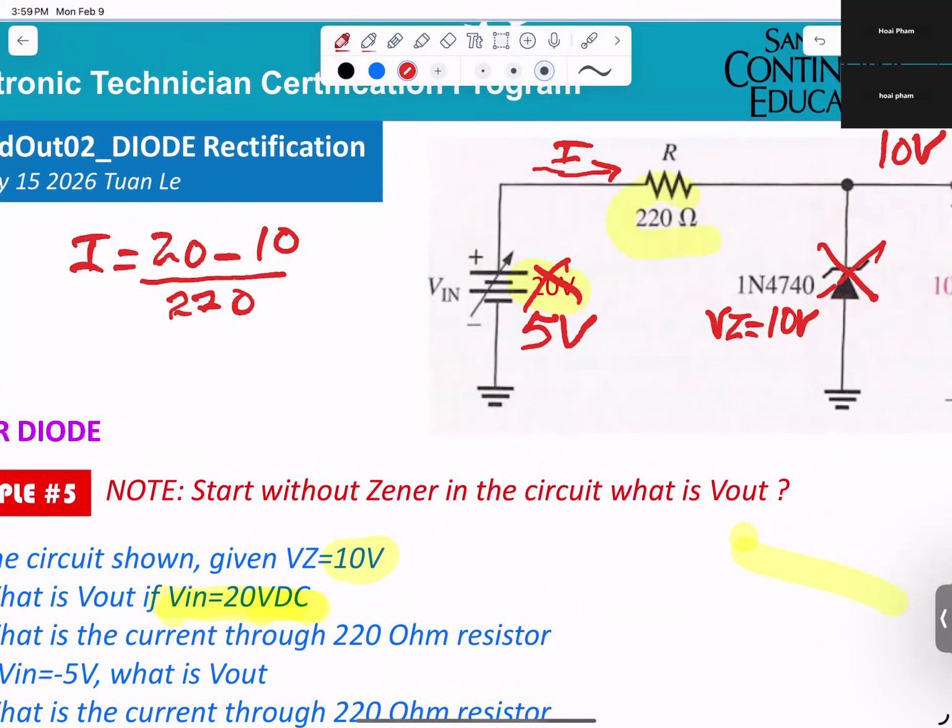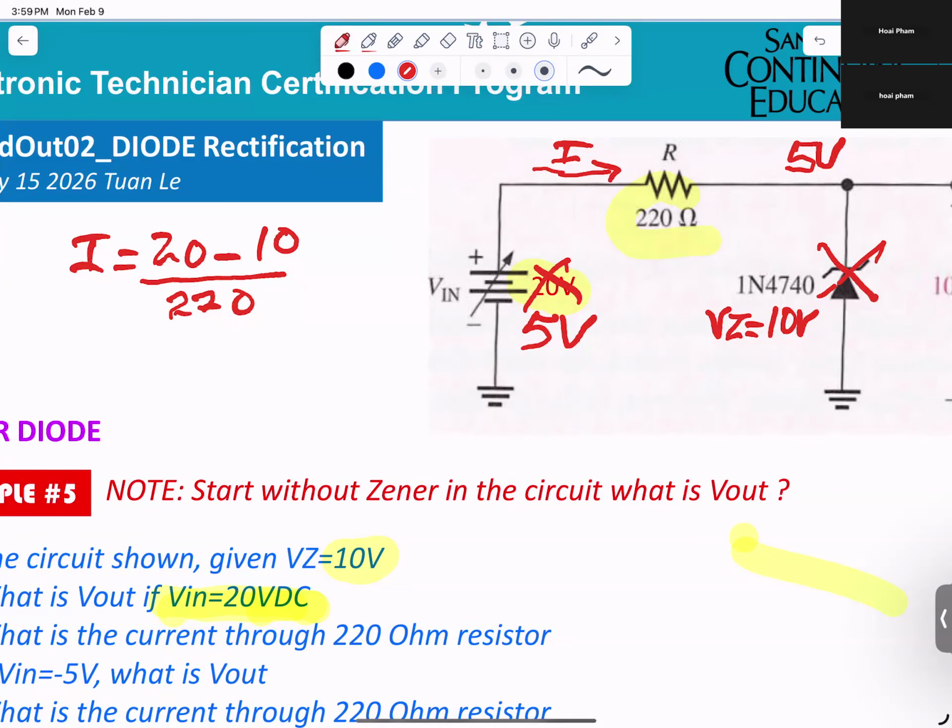Perfect. So basically, without the Zener, you get 5 volt. All right? The diode now does not break down. And it can work like a normal diode.